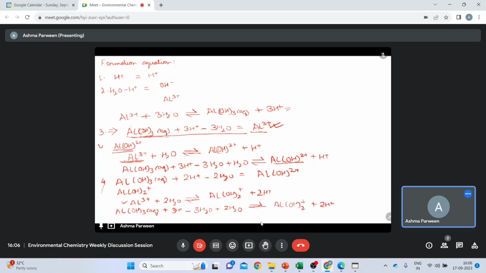Let's simplify this reaction: we will get AlOH whole 3 aqueous plus 3H+ minus 2H+ minus H2O will give us AlOH whole 2 plus. I think I should use a new slide, it would be better.